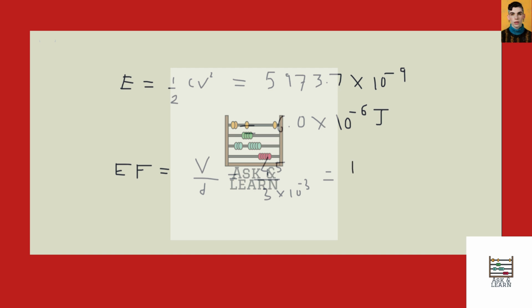So I need to write in terms of meters. This will give me 15,000 volt per meter. See, the units are different. For energy is joule and for electric field it's volt per meter.